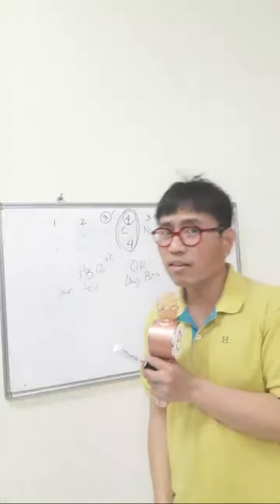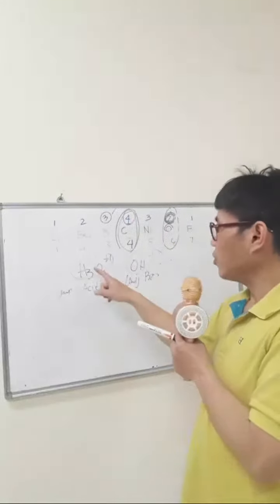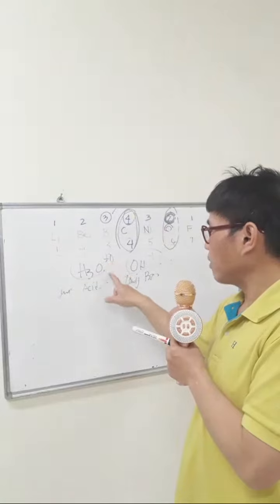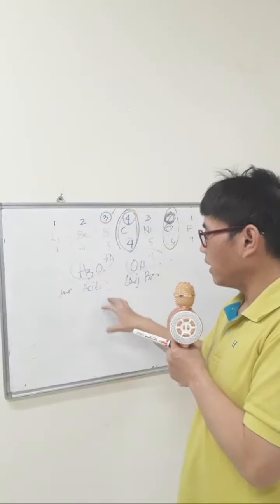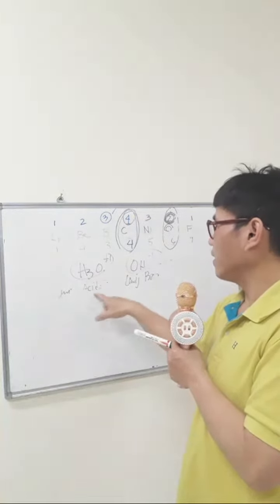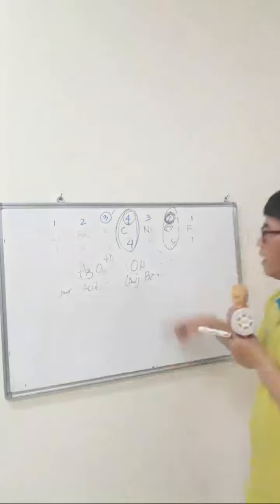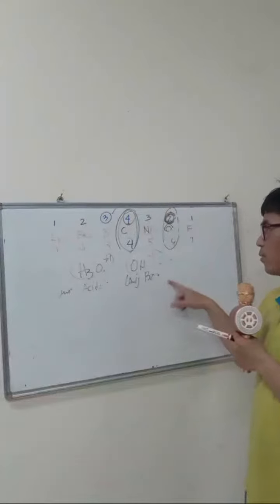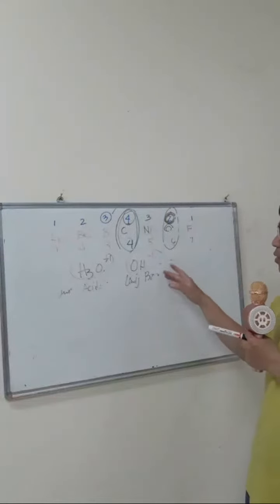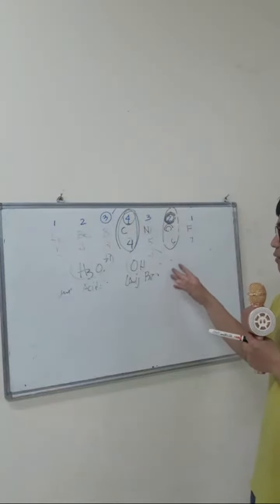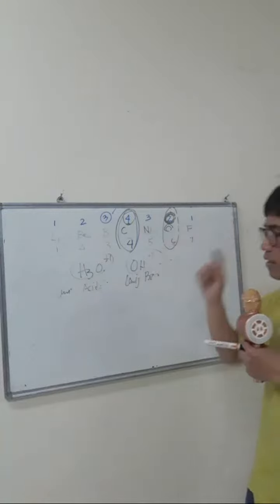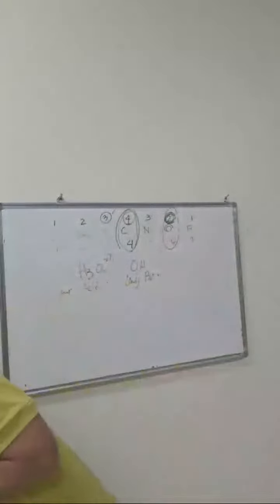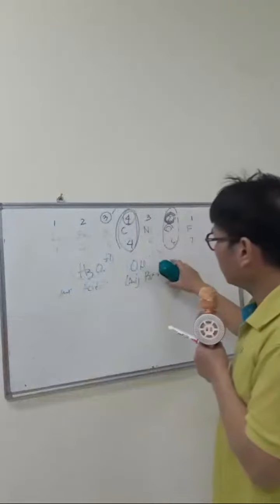Again, H3O positive 1 is plus because it accepts electrons, so that is the Lewis acid. The Lewis base donates; when OH donates, it will be negative 1. And negative 1 is the anion.